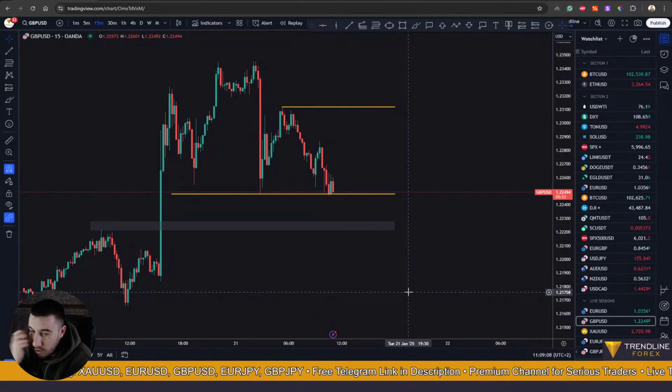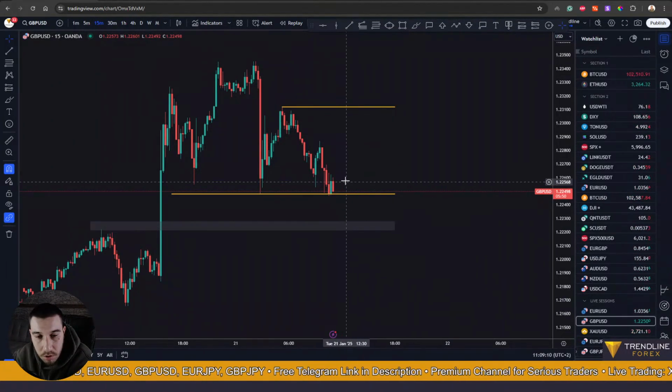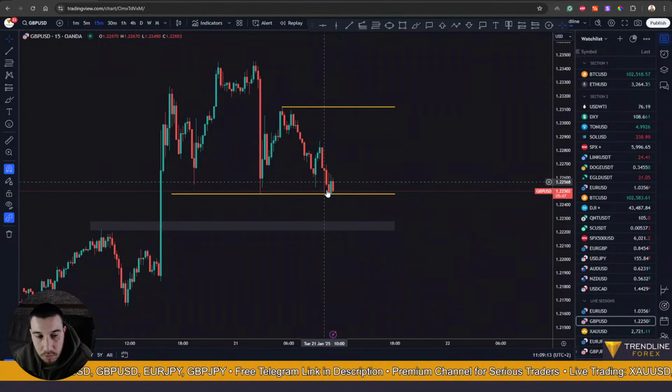Yeah, obviously I've got a very similar setup here on pound dollar, but I want to see price coming into some lower levels here.